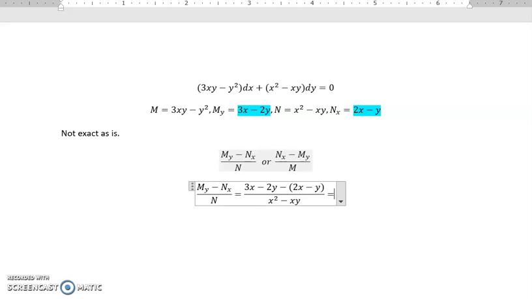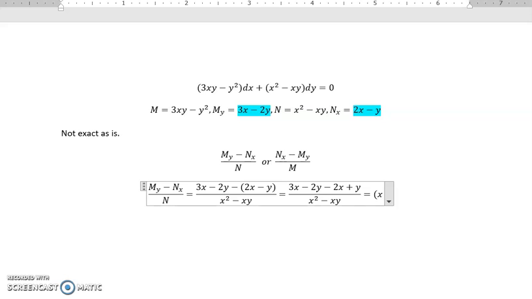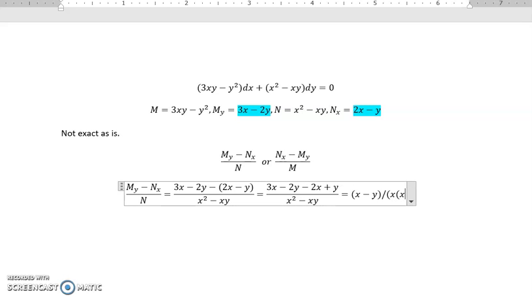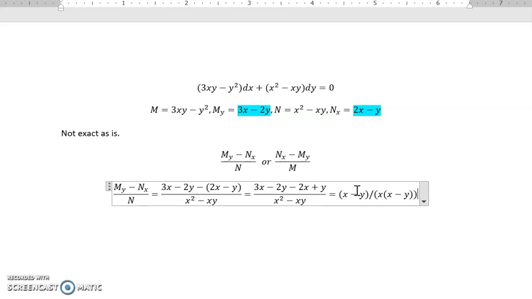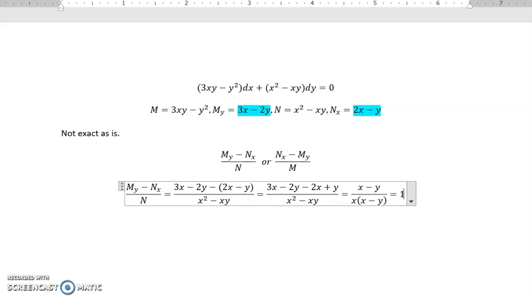And so if we simplify this a little bit, we get 3x minus 2y minus 2x plus y all over x squared minus xy. And the numerator, 3x minus 2x, becomes x. And minus 2y plus y becomes minus y. And the denominator, if we factor out the x, becomes x times (x minus y). And so if we cancel out the x minus y's, we get 1 over x.